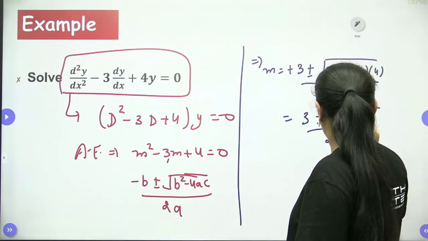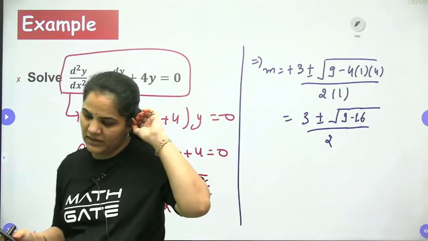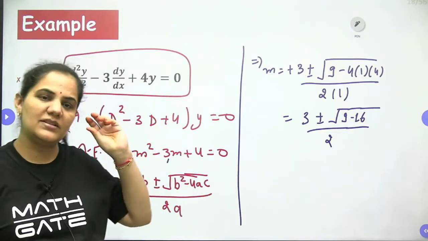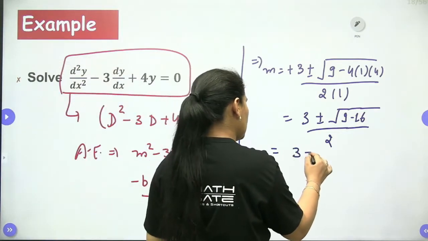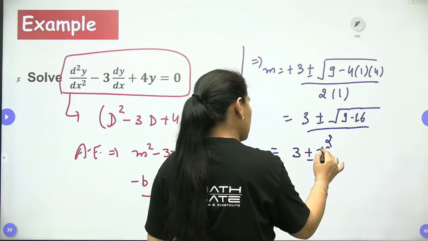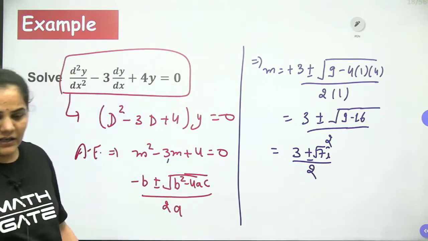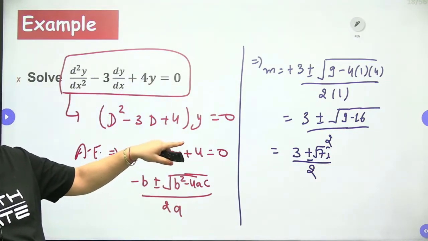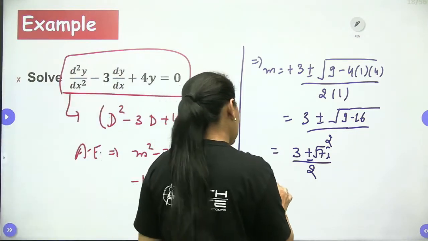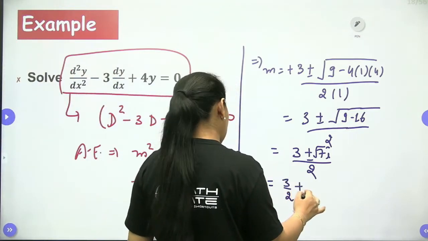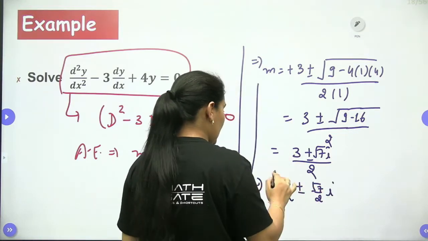So 9 minus 16 will be minus 7, so root of minus 7 will be root 7 iota. So 3 plus minus root 7 iota divided by 2, and we can write it as 3 by 2 plus minus root 7 by 2 iota only. Hence the roots are like this.